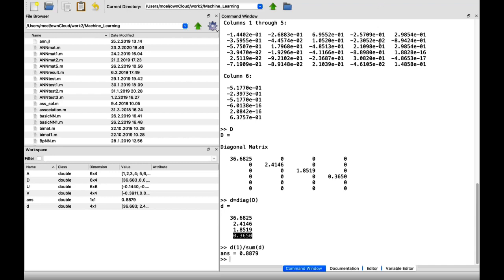Okay, now what about the others? Here we have the fifth column and the sixth column. Actually, the fifth column and the sixth column are called the null space.